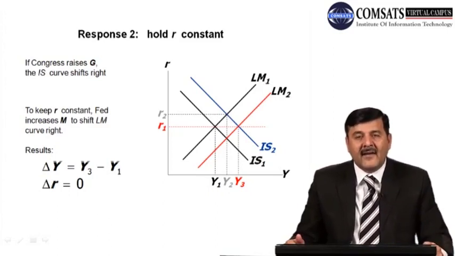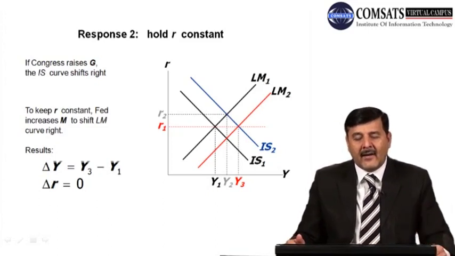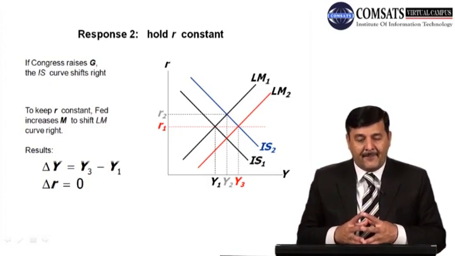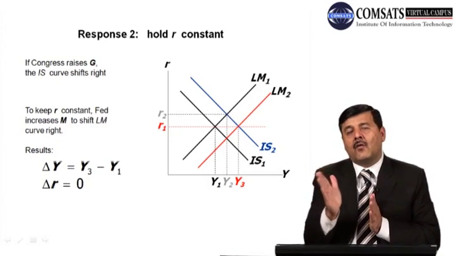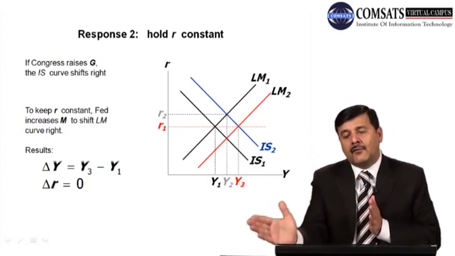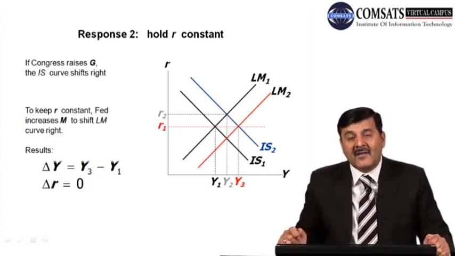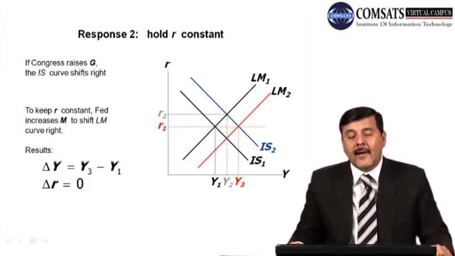But as we said, the response will be that they will hold R constant. If you want to keep R constant, what will the Fed do? They will increase the money supply. If the money supply increases, the LM curve shifts rightward from LM1 to LM2. Now if you look at R1, it is the same, but income has increased from Y1 to Y3.